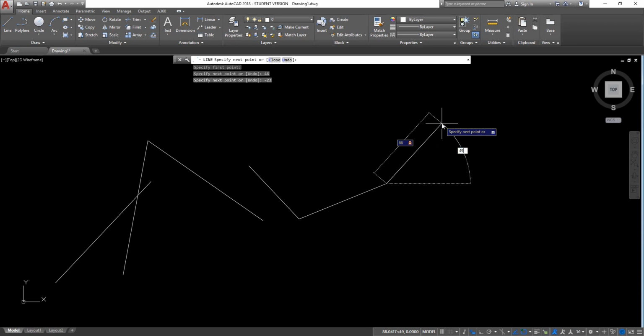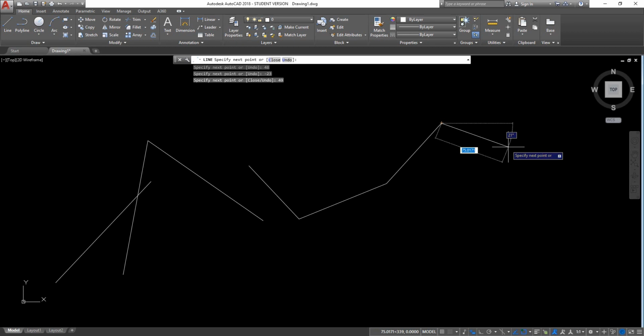Because that value of 49 can be 48.9 or 49.2. That's a rounded value, so take this into account and always write your angles with the tab key. Enter.